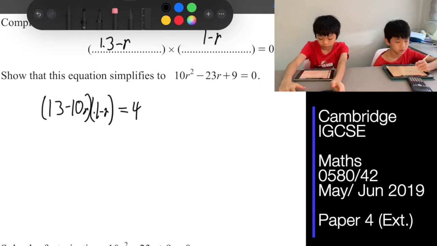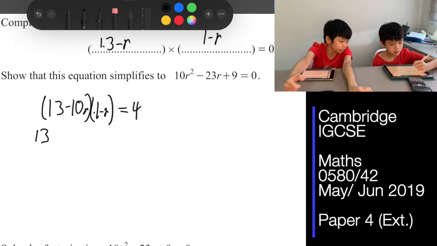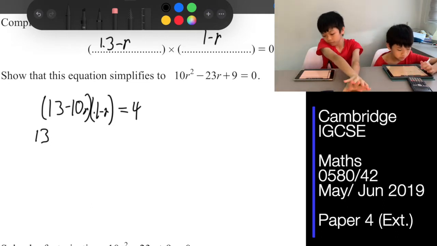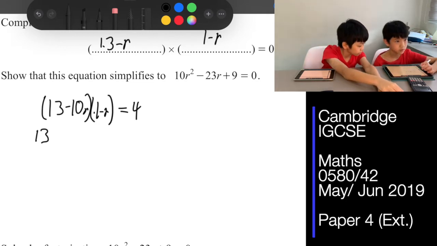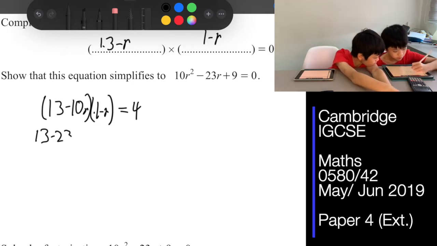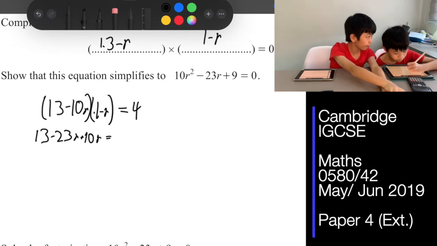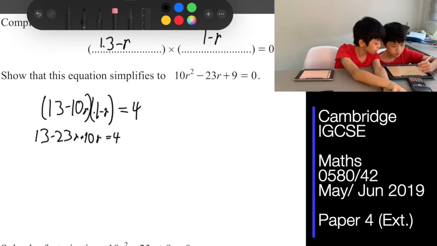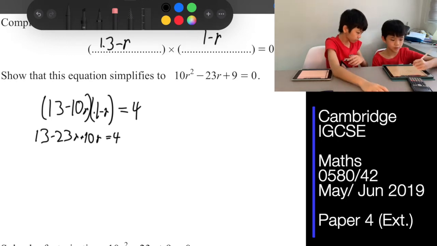So we'll just leave it as 1 minus r equals 4. And then we do multiplication. So first 13, and then negative 23r, and then plus 10r squared equals 4. Okay, then we move the 4 to the left side.